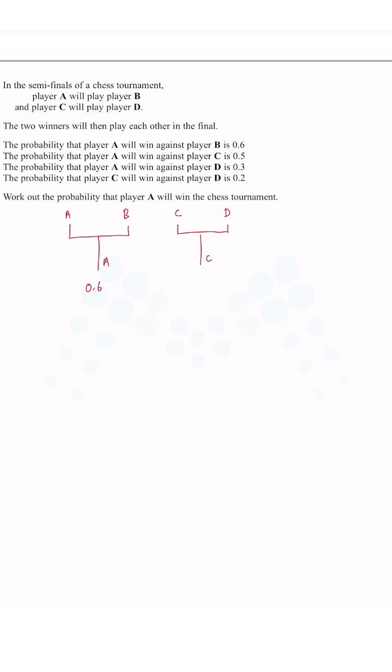For player C to win, the probability of that is 0.2. So for player A to play against player C, you have to times this together. So probability of A against C is equal to 0.6 times 0.2. If you multiply that out, you get 0.12. This is just the probability of player A playing against player C.